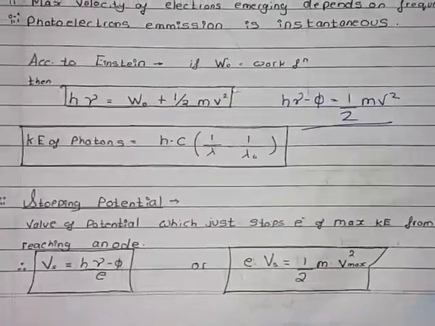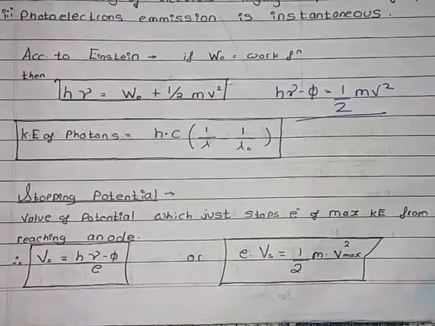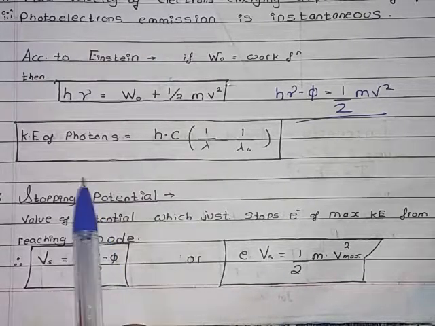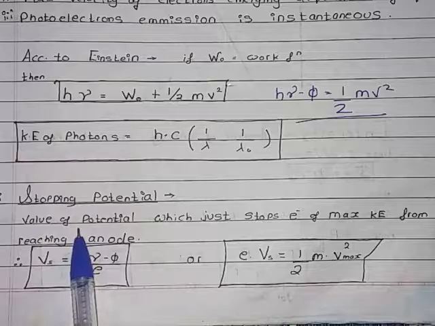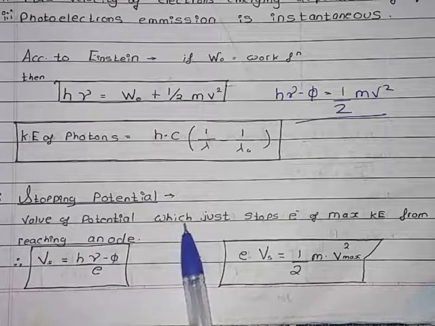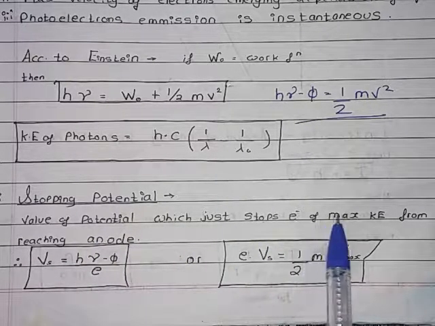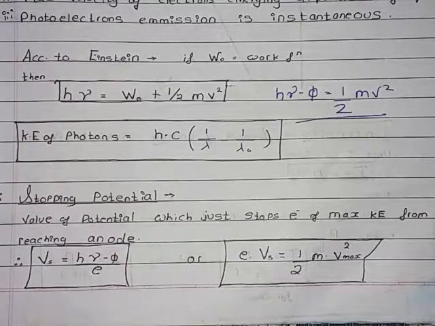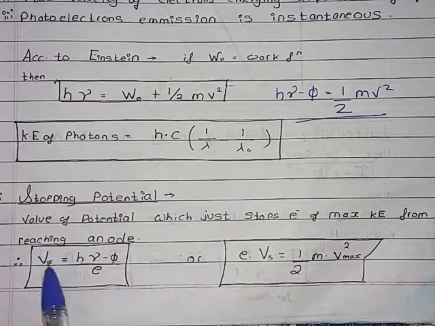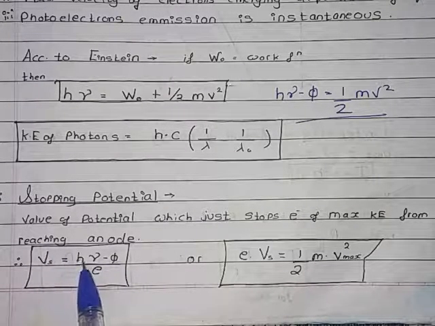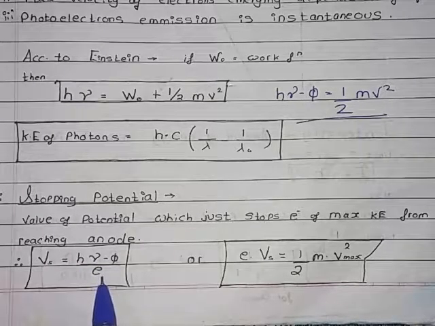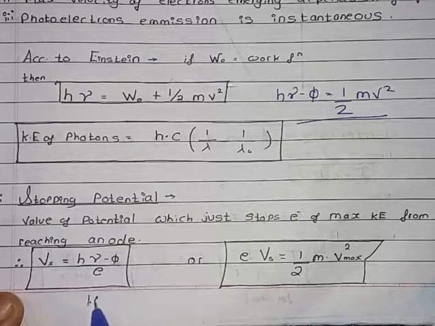Stopping potential: the value of potential which just stops the electrons of maximum kinetic energy from reaching the anode. I hope you understood what I want to say. Stopping potential Vs equals h nu, that is hc by lambda, minus phi, upon e, where e is 1.6 into 10 power minus 19.